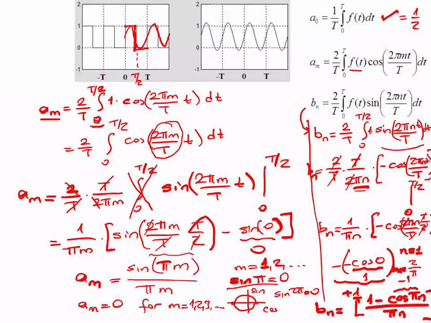If you put 2, cosine 2 pi is 1, so 1 minus 1 is going to be 0. So for the odd n, I will have 2 over pi n. Let me write here: for n odd, the B_n's will be equal to 2 over pi n. For n an even number, B_n will be equal to 0.